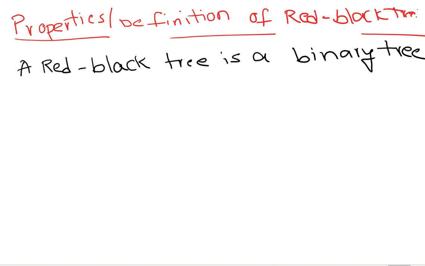Binary tree means every node in a tree must have at most 2 children, not more than 2. A red-black tree should be a binary tree and it should follow the properties.